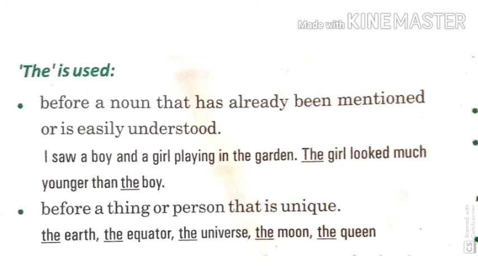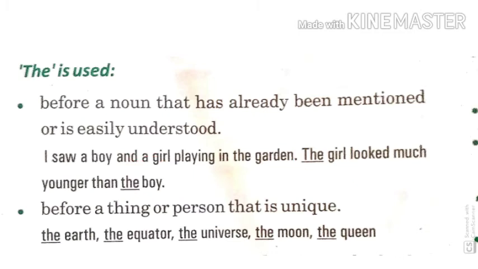I saw a boy and a girl playing in the garden. Now, the boy and the girl are already mentioned. So next time when you talk about them, you will use the definite article the. Like, the girl looked much younger than the boy. Now imagine over here, they have already been mentioned before. So when we talk about the same girl and the boy in the second sentence, we use the.